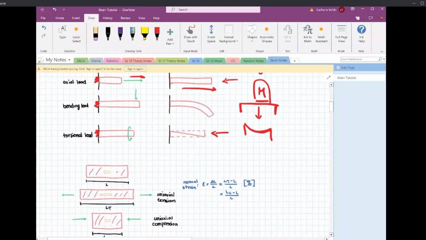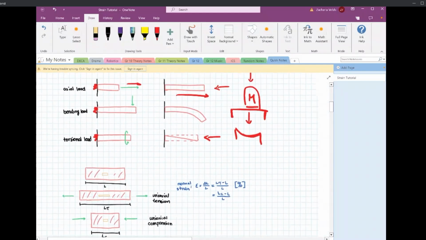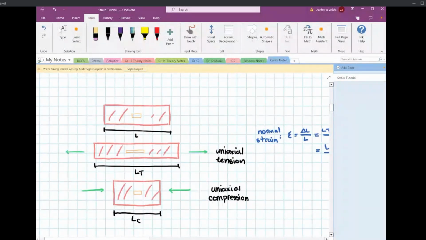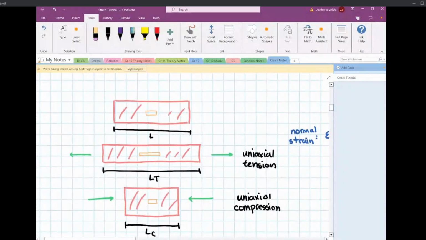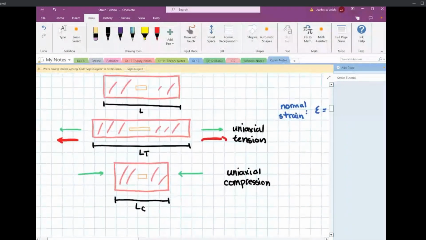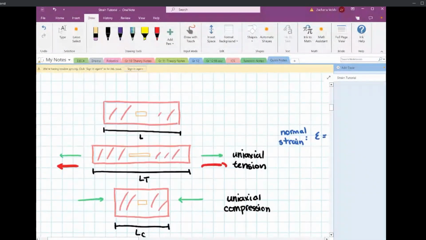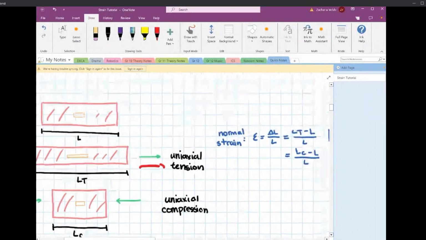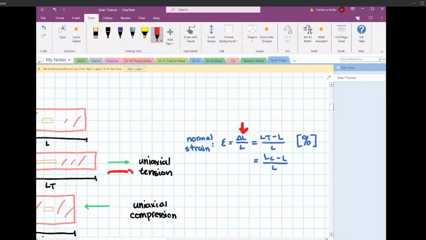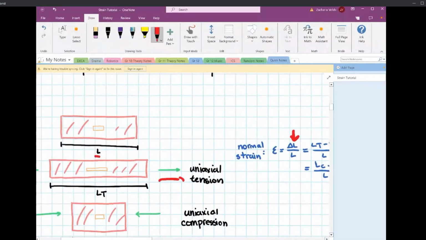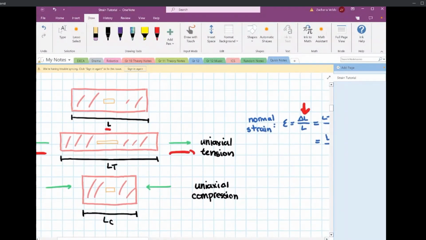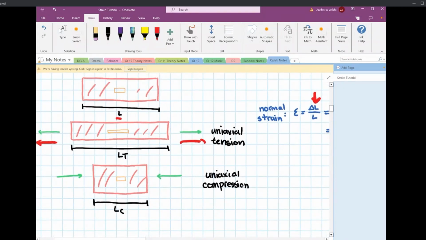Singling out just axial loads, the way that a material deforms in a more static sense is when you apply forces in two directions. You have what's called tension, and then the other way you have compression. Tension causes the member to elongate by some amount, some delta L from the base length L. And in compression it's the opposite.